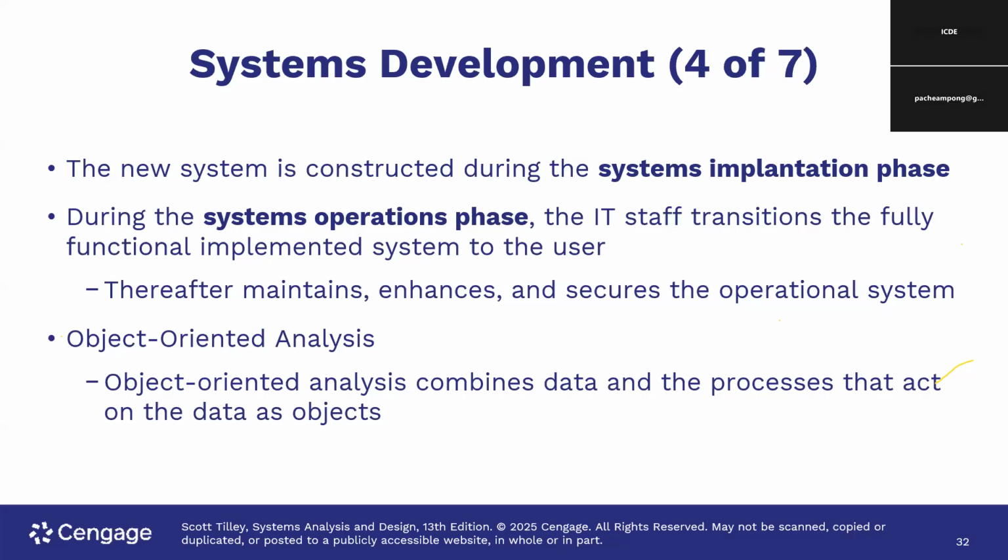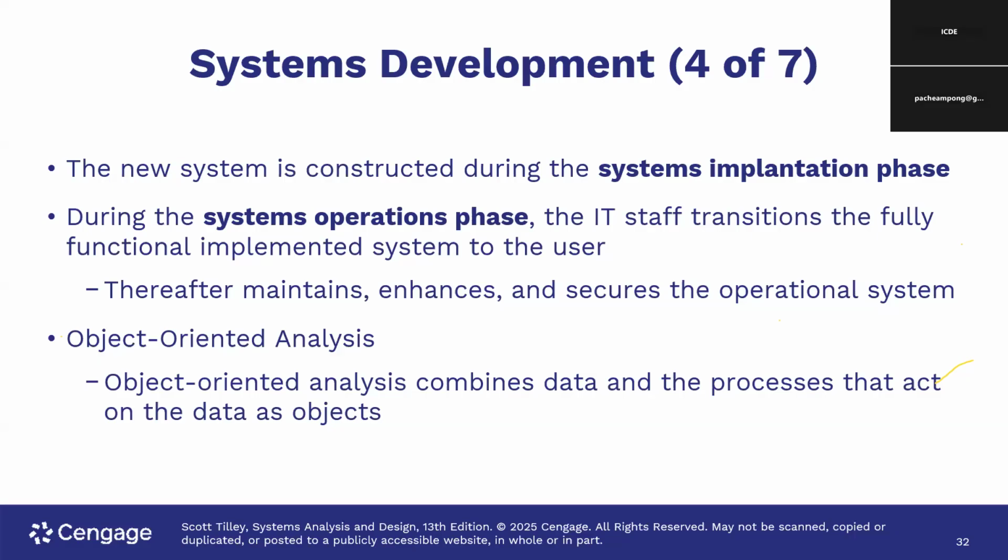Then during the systems operation phase, the IT staff transitions the fully functional implemented system to the user. Until everything is done, the user, which is the student, the lecturer or the management, will not be able to access the system. Thereafter, there is a part where you come in to do maintenance to enhance and secure the operational system.